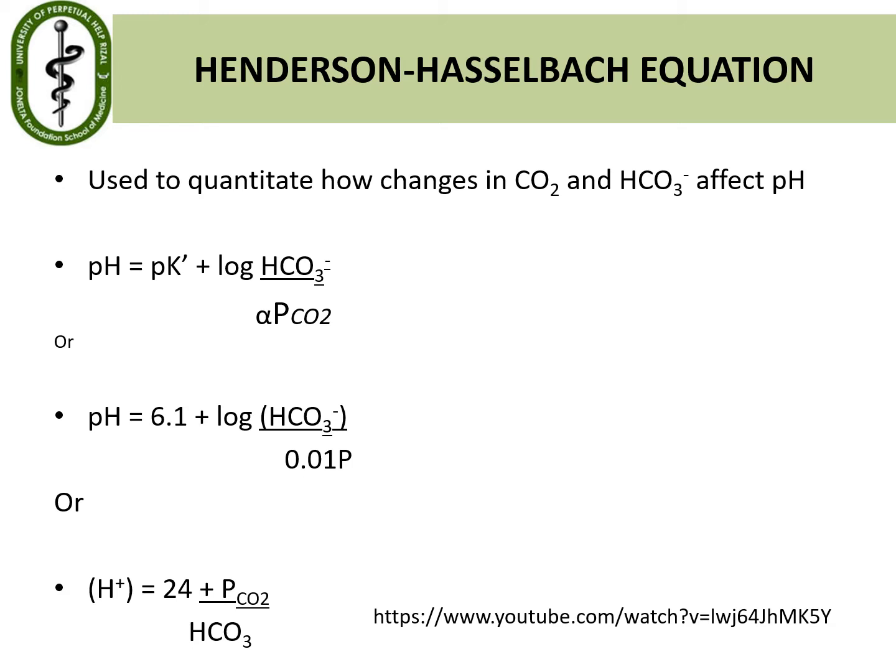Okay, and we use the Henderson-Hasselbalch equation to quantitate how changes in carbon dioxide and bicarbonate can affect the level of your pH. So we have pH is equivalent to pK plus the logarithm of bicarbonate over alpha, the solubility, times the partial pressure of carbon dioxide.